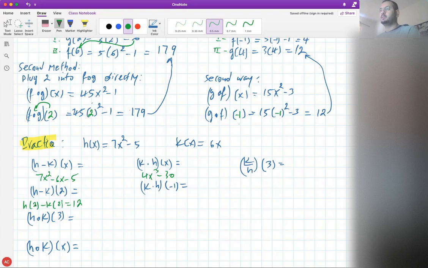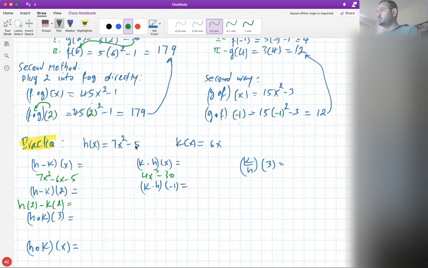I got 11. I got -12. All right, so everybody has a different answer for some reason. It's 11, sorry. So h of 2 minus k of 2. H of 2 minus k of 2.